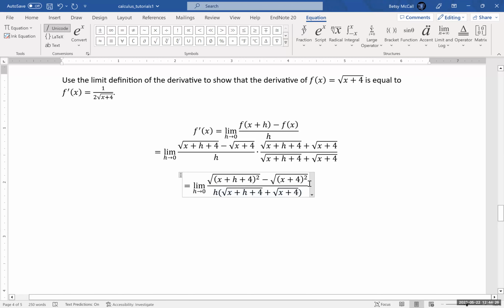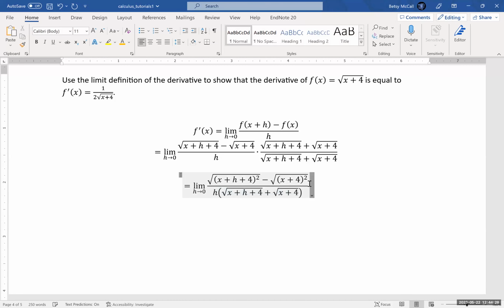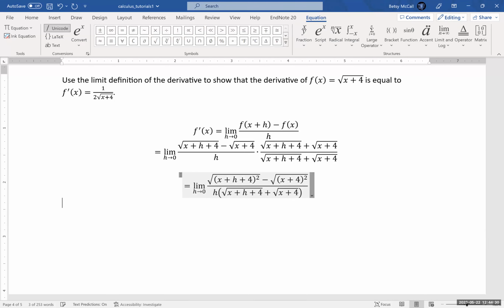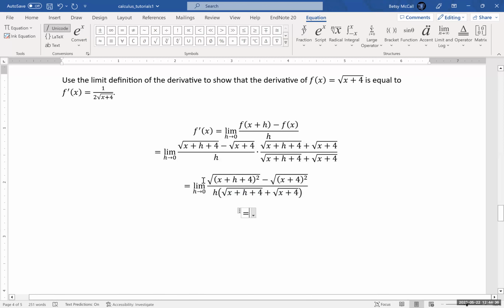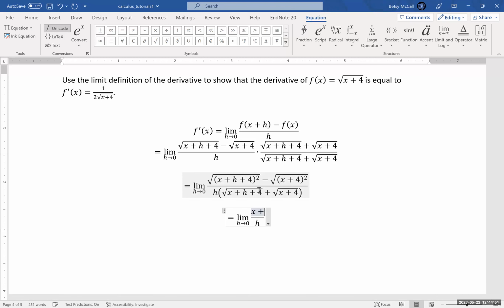All right, so then once we have that expression, then again, so I don't have to keep retyping. What happens in my numerator is that the square and the square root cancel, and I just have x plus h plus 4.